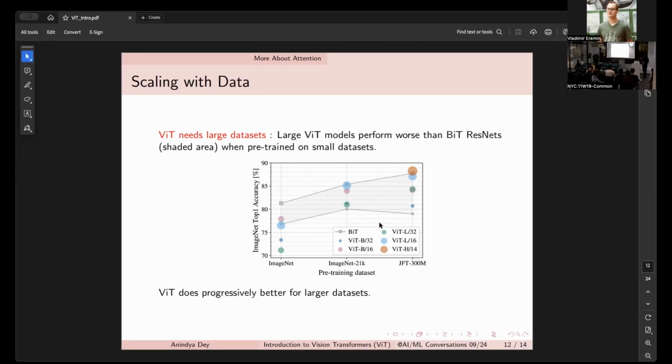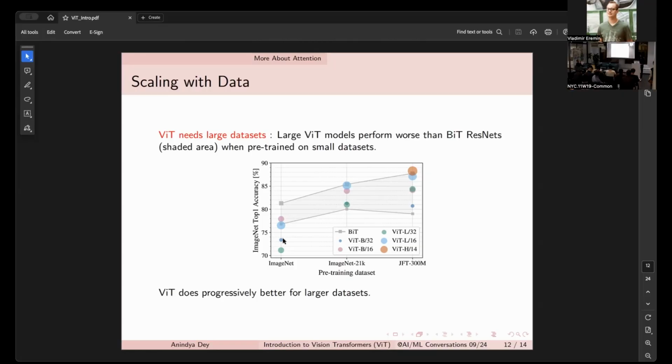Here, BiT ResNets are some sort of convolutional neural networks. I'm not going to go into the details of that. But just assume that there are some benchmark CNNs being compared with these ViTs. The shaded portions in the graph are where all the ResNets lie, where all the accuracies are.